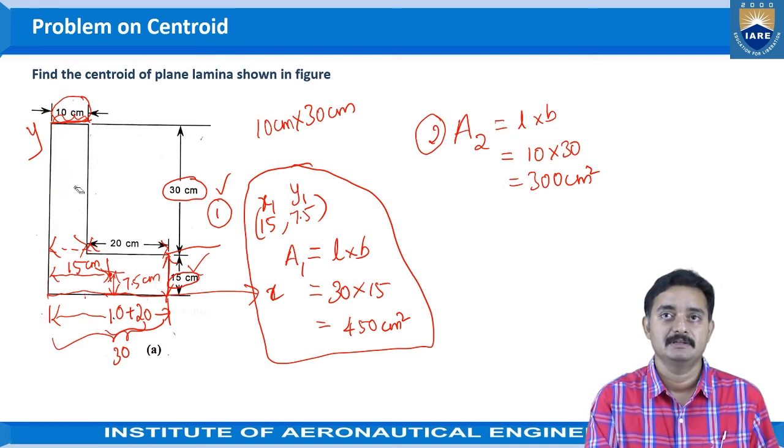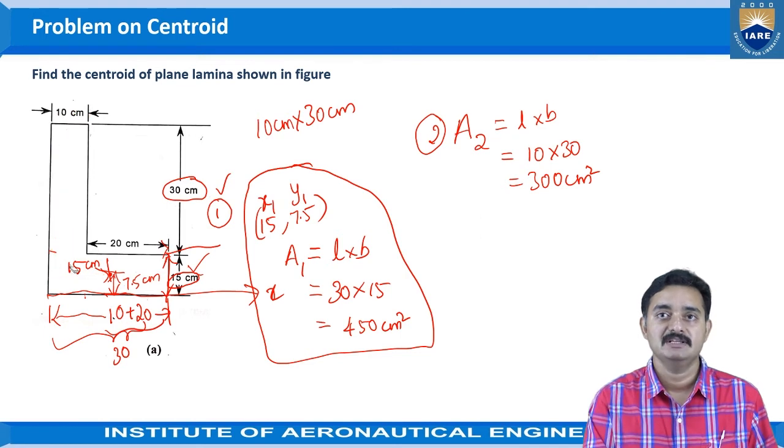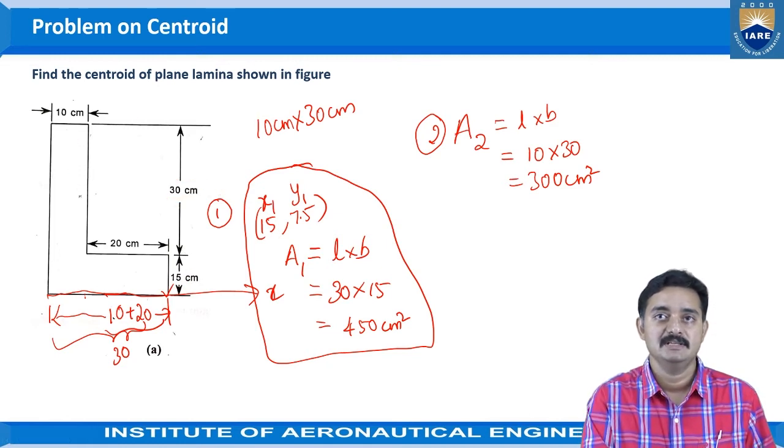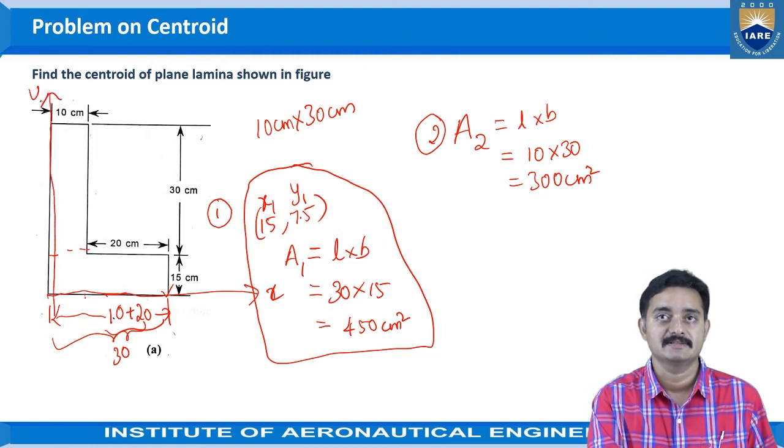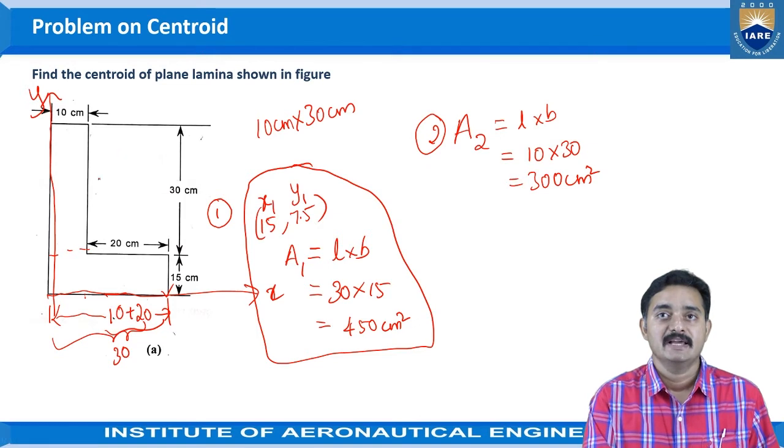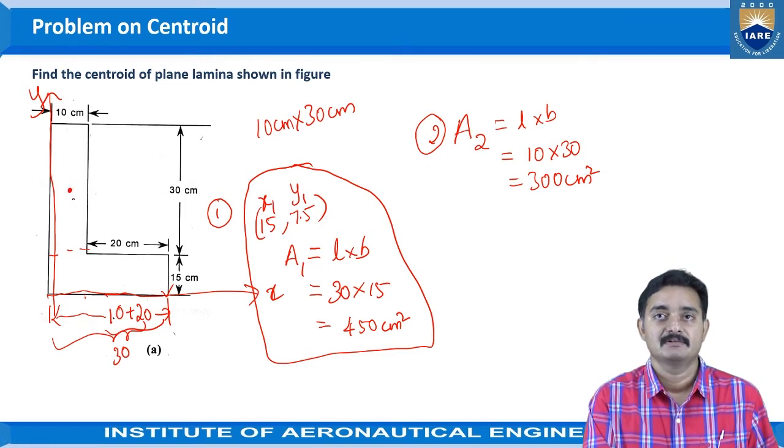Let me erase this. The position of the centroid which we are considering. Here you can see we have divided this object at this condition, and this is your y-axis. Again the centroid would be the intersection of the diagonals, right?